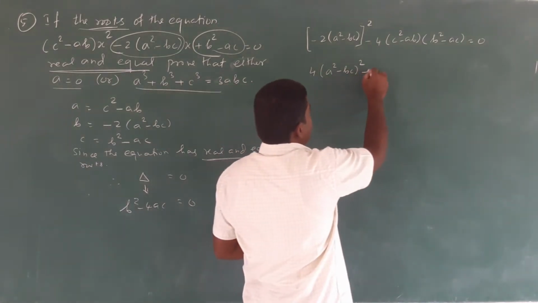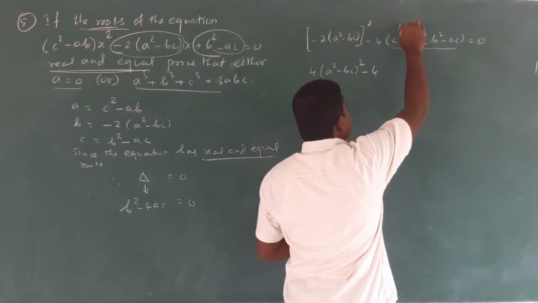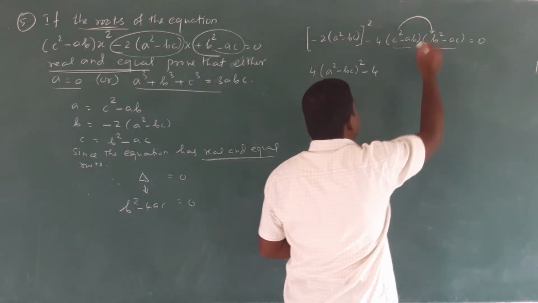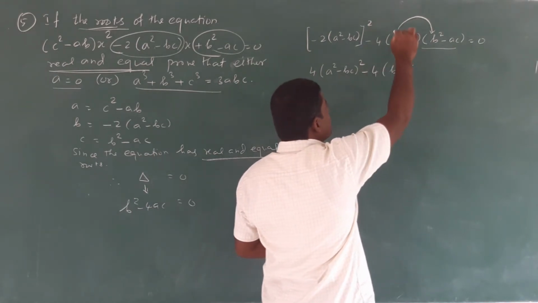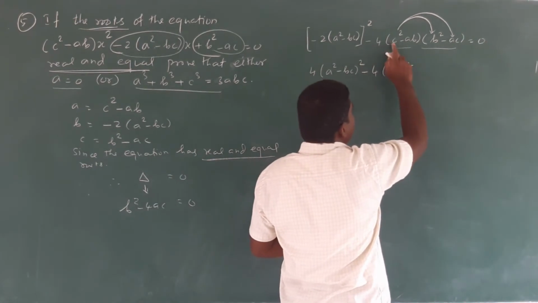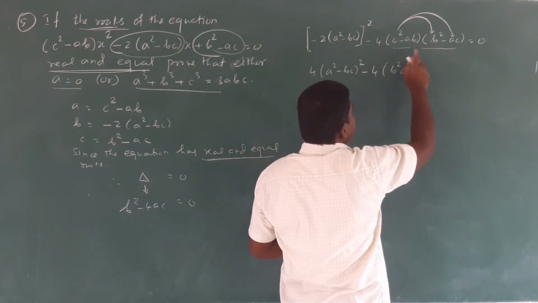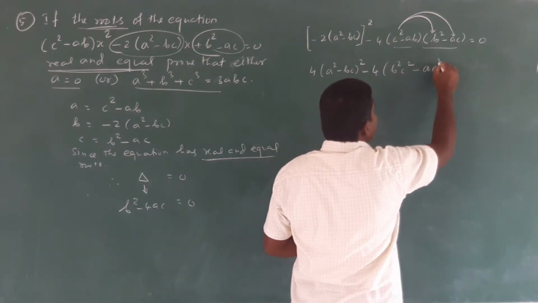Now here, minus 4 multiplied by these two. What we get? c square multiplied by b square: b square c square. c square multiplied by minus ac, plus into minus is minus: a c cube.